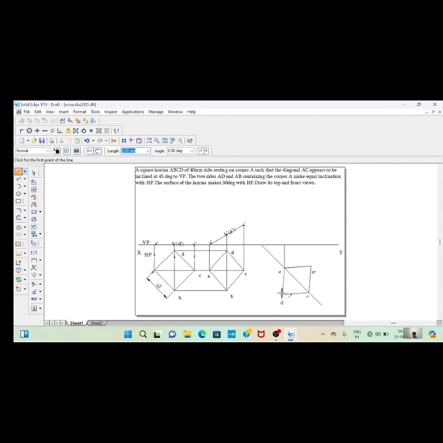From B to B dash. C to C dash. And also D to D dash.